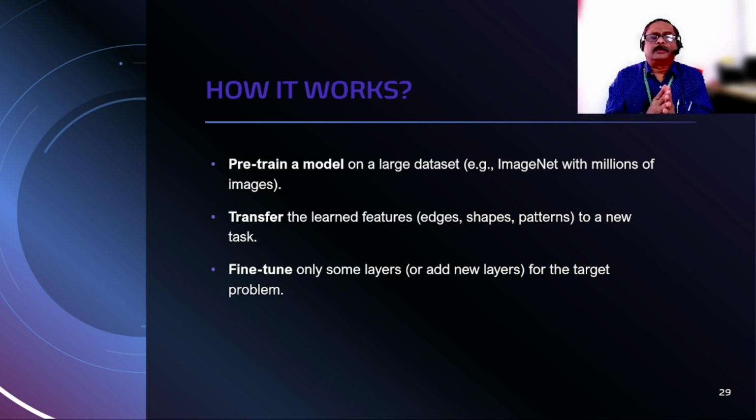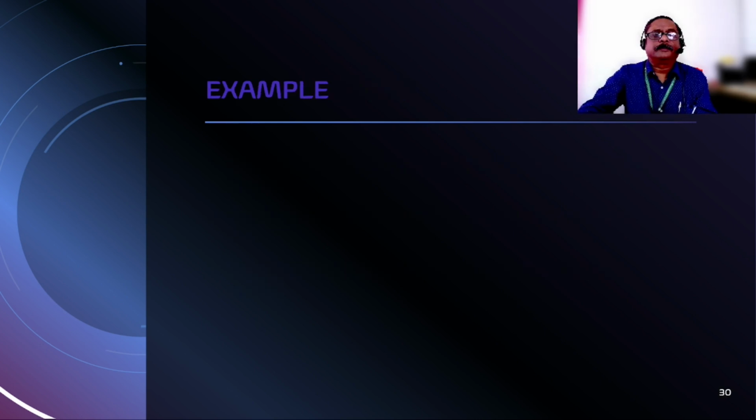Now we are not going to work with 1,000 category data, so we may have data with 10 categories, and I can just fine tune the last layer. Instead of having 1,000 outputs, I can convert to only 10 outputs, and only the last layer weights I can modify while training, and that way fine tune it and get the target problem solved.